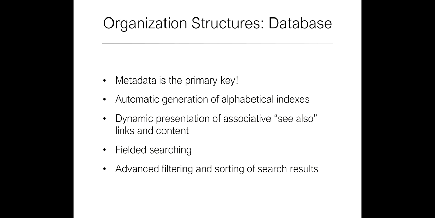This may include the automatic generation of alphabetical indices, depending on what you have in terms of your page content, and a dynamic presentation of associative see also links. And again, I'm guessing most people have bought things from Amazon.